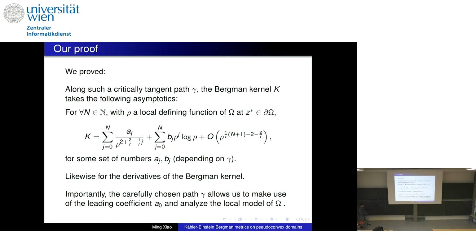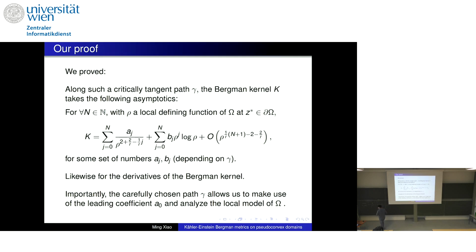This is Fefferman's expansion for strongly pseudoconvex domains in C2. The first main difference between Fefferman's expansion and this expansion is that Fefferman's expansion holds everywhere in omega. Our expansion only works if we restrict to this path. It only has this expansion along that path.